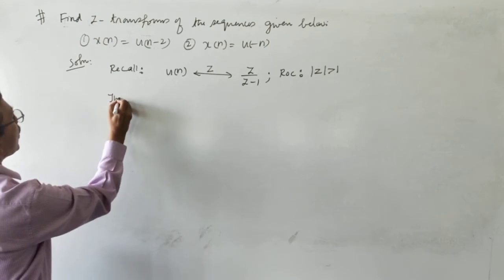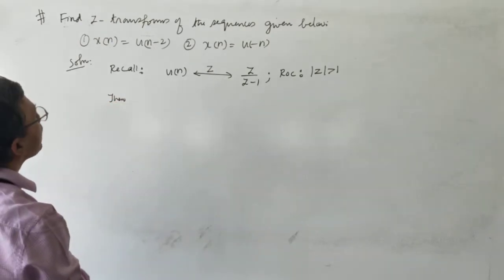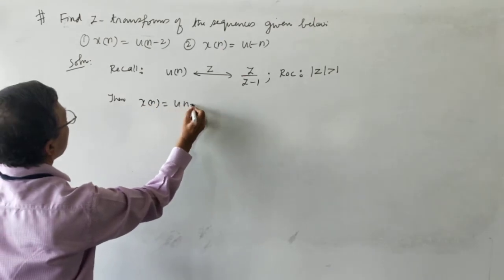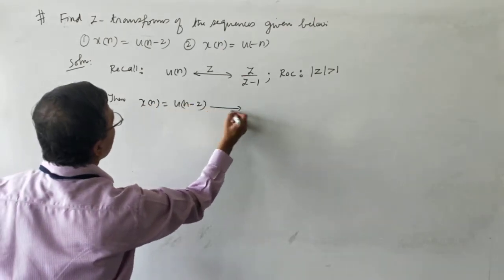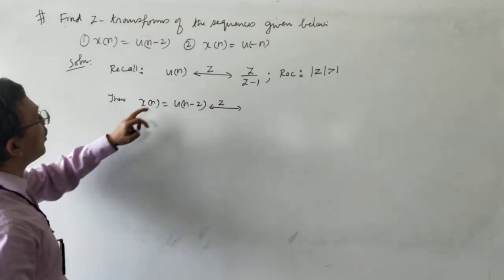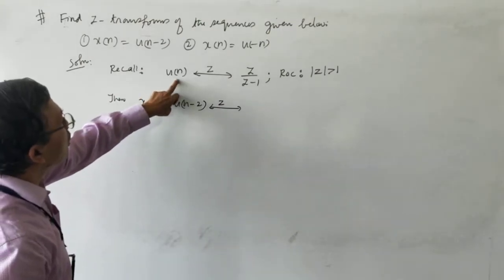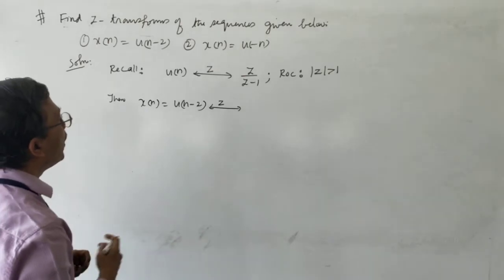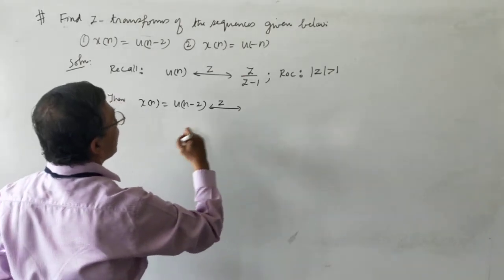Then x of n equal to u of n minus 2 will have a z transform. n is replaced by n minus 2. Therefore, this z transform will get multiplied by z to the power minus 2. That is time shift property.